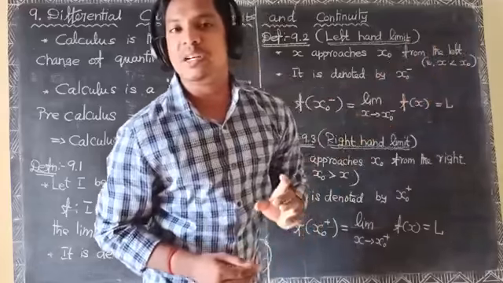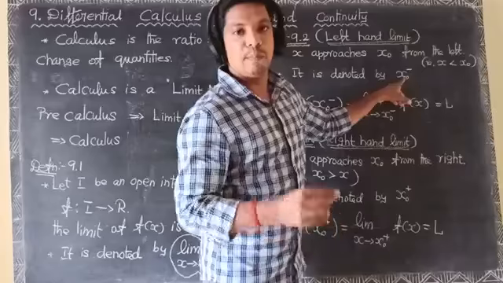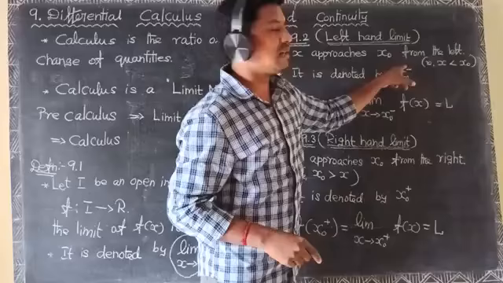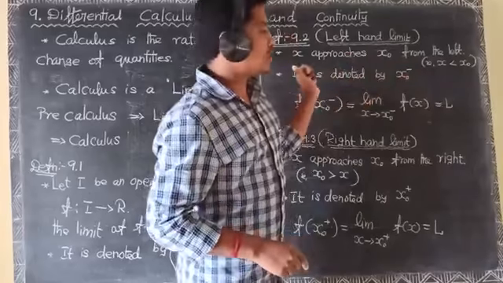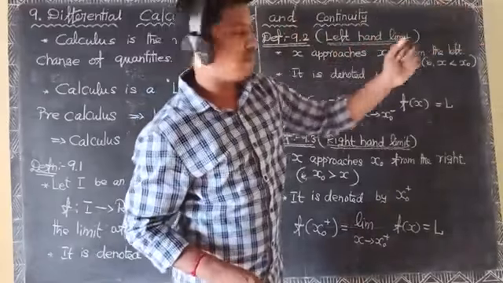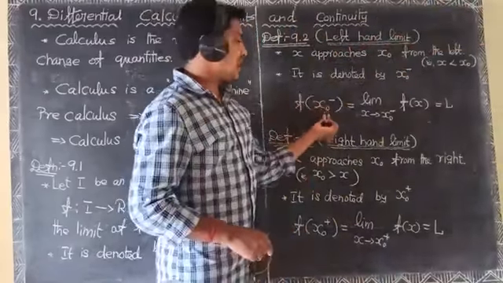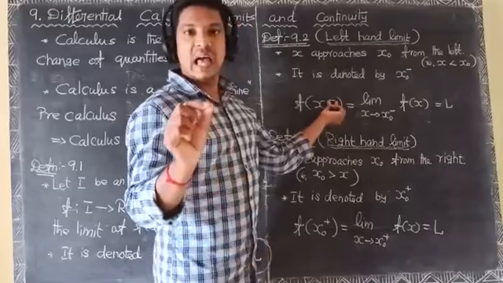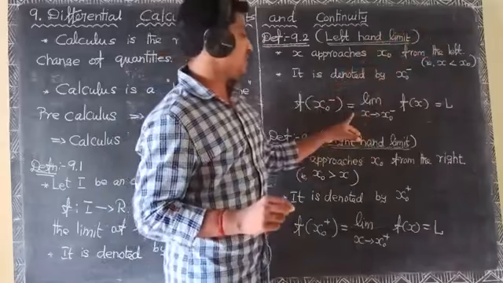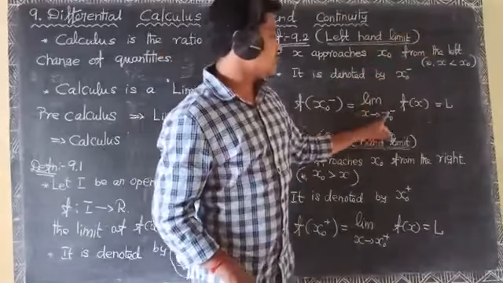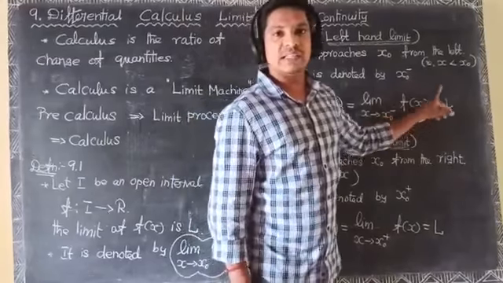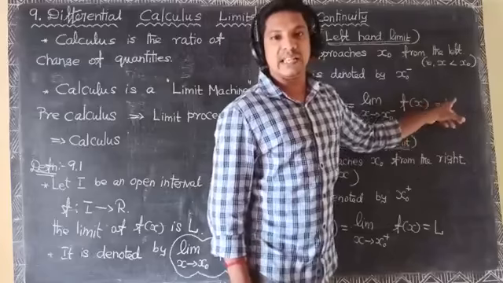It is denoted by x naught with a minus sign as the power. It represents x approaching x naught from the left. F of x naught minus approaches from the left side, which is equal to limit x tends to x naught minus f of x, which is equal to some limit, that is L.